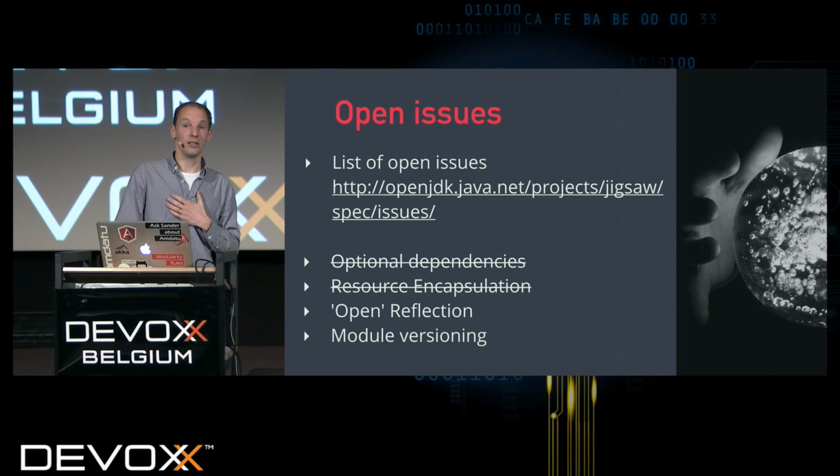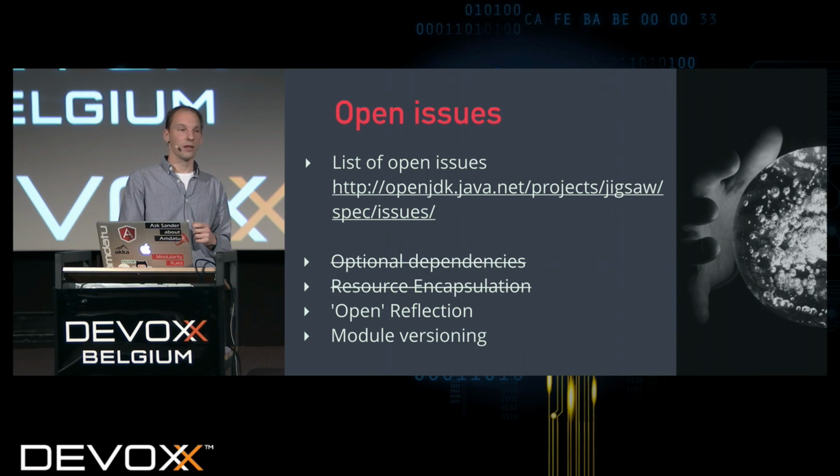Certainly it's not all good, at least in my opinion, but the fact of the matter is those frameworks are there and they use reflection, and we need to do something with that. So there's a proposal currently, implemented only about 1.5 weeks ago in the prototype, and we're going to show that in the second half, that tries to balance between strong encapsulation and still allowing runtime reflection into your modules.